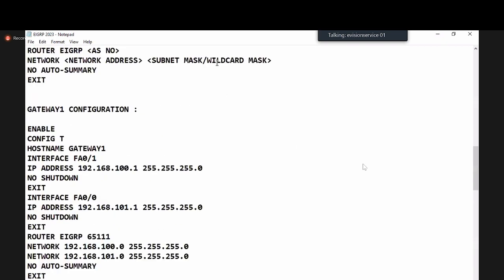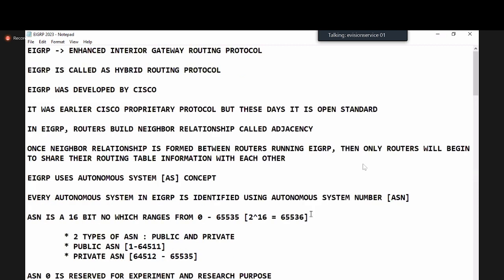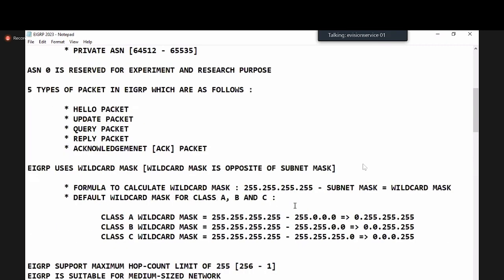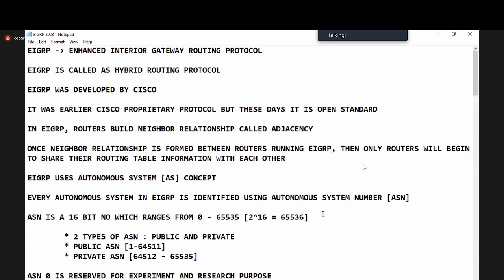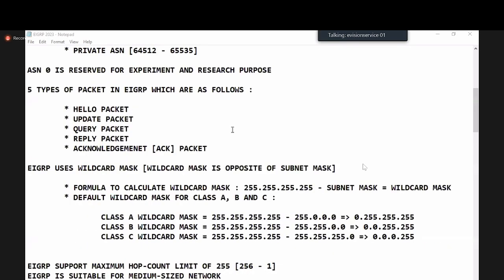So I will simply copy and paste all these things. But before that, you guys take the screenshot of all this. Taken? Then take this next. Taken, sir.